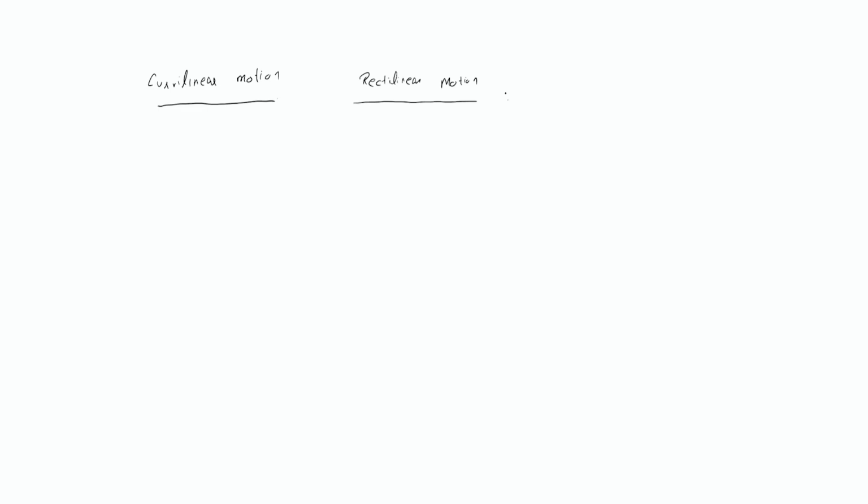Now we will apply Newton's law, F equals ma. This holds for curvilinear motion and also for rectilinear motion. Since the aircraft is moving in a curved path, we will consider curvilinear motion.